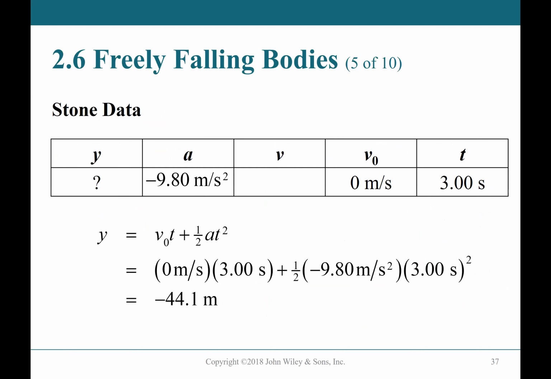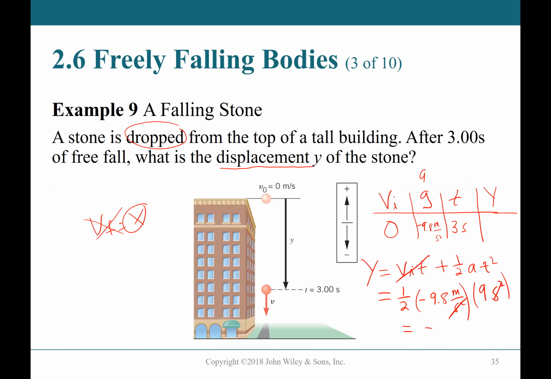Now, this same question could have been asked of you differently. It could have said, a stone is dropped from the top of a building. What is the height of the building? And of course, we know to find height, we say 1/2 gt squared. And you may be wondering why this g is not going to be a negative number. And that's because height is the magnitude of a height must be a positive number. In other words, when the object was falling, the displacement is y.